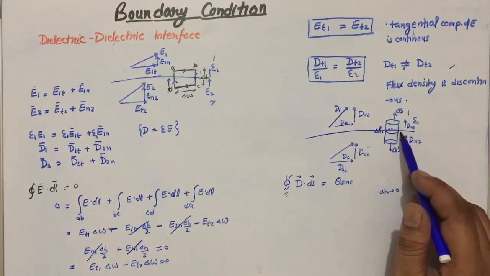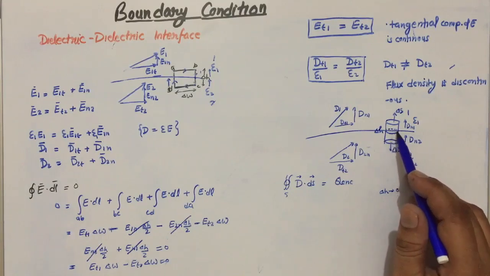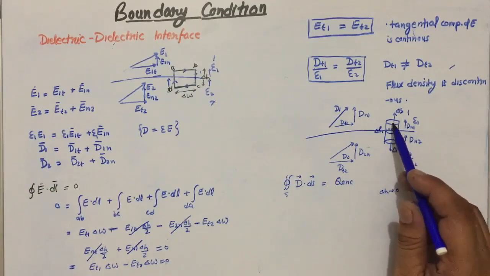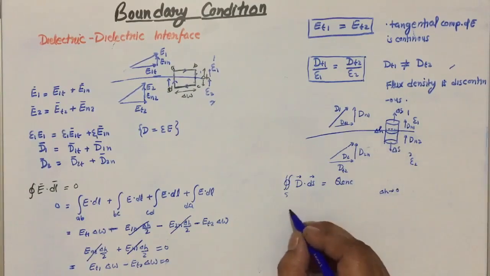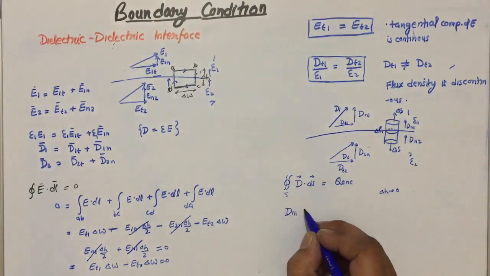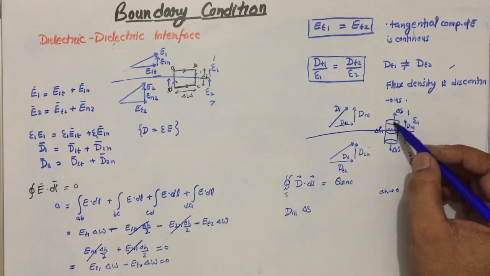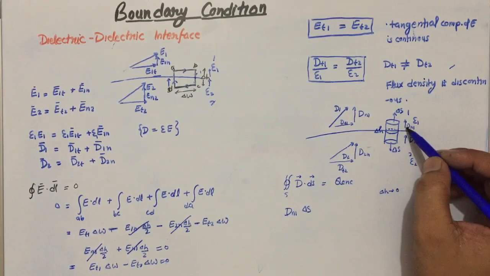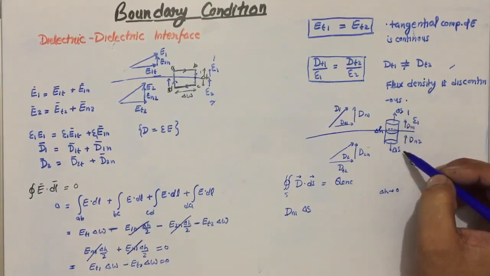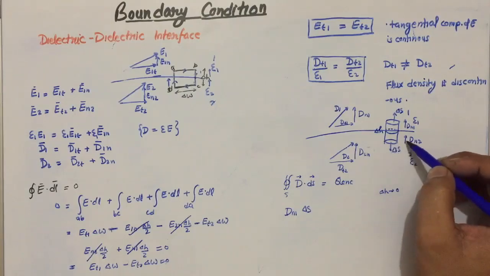then we can assume that no flux is passing from there. If no flux passes from the curved surface, then the total flux will pass from the normal surfaces. According to that, we can say Dn1 dot ds. Here the area vector and field vector are in the same direction, while for the other they are in opposite directions.